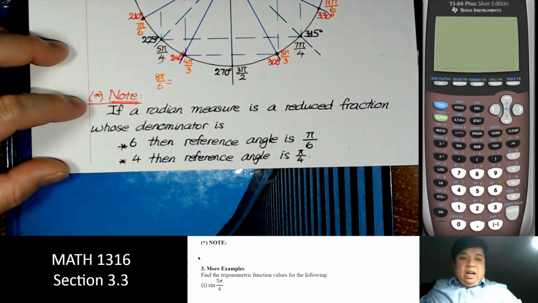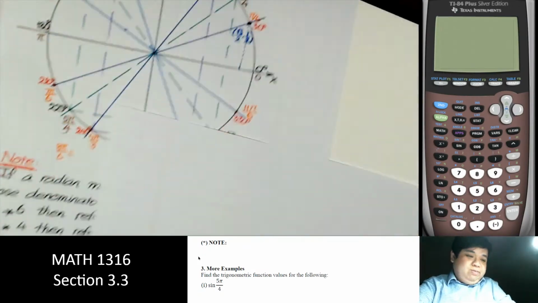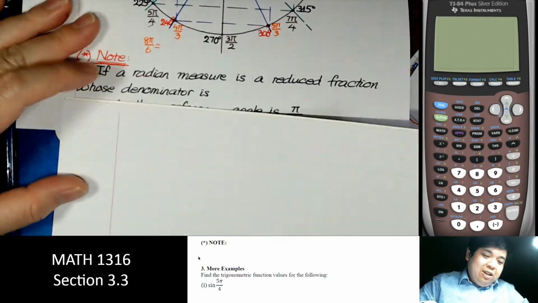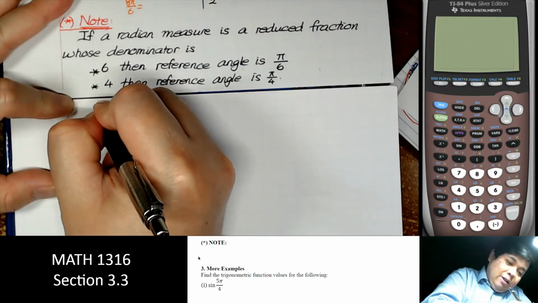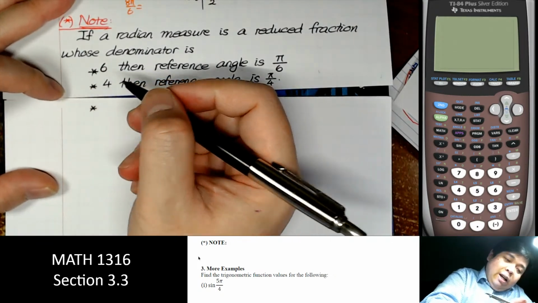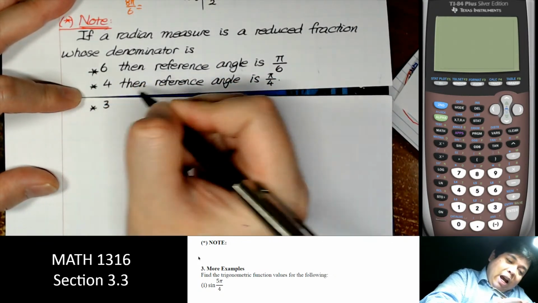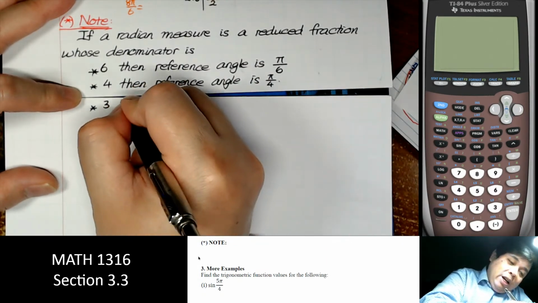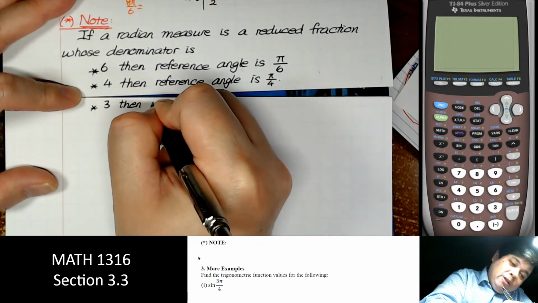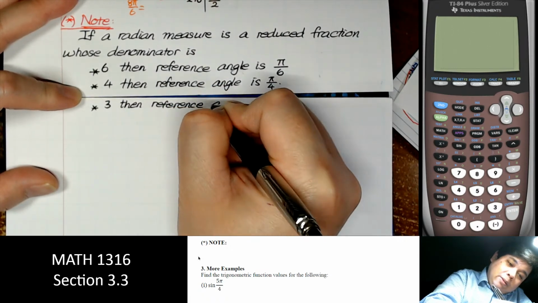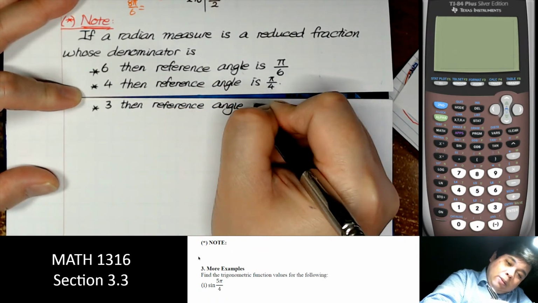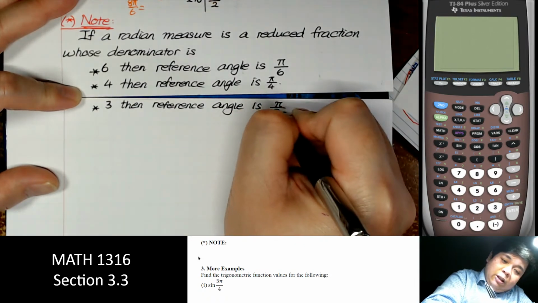And I hate when we do this, but if the denominator is 3, then the reference angle is pi over 3.